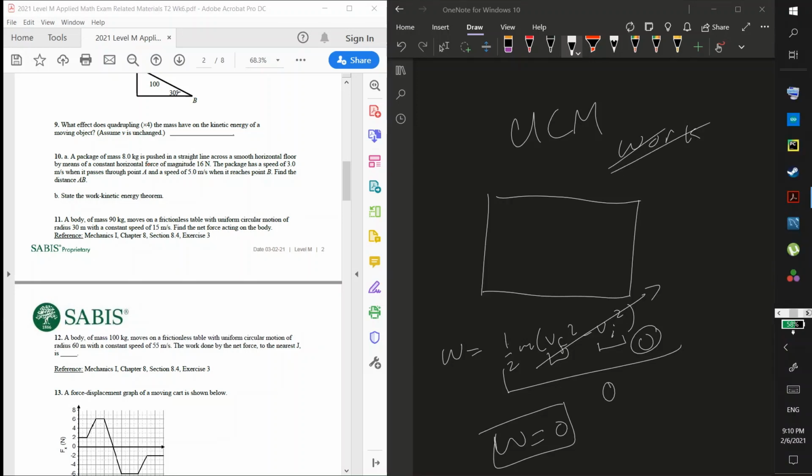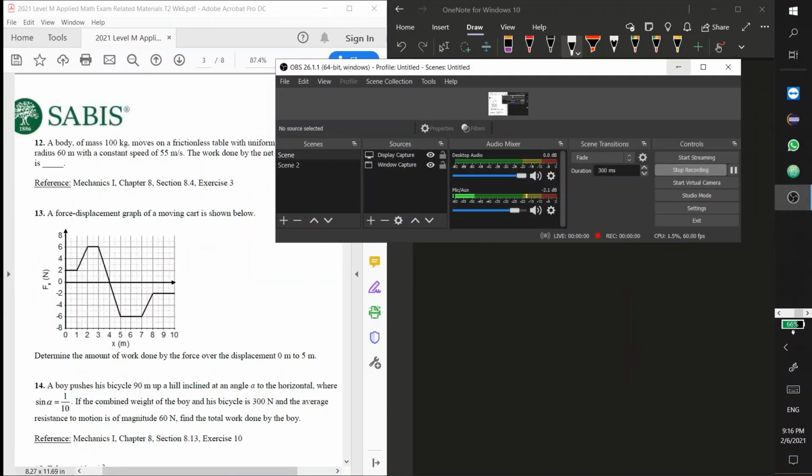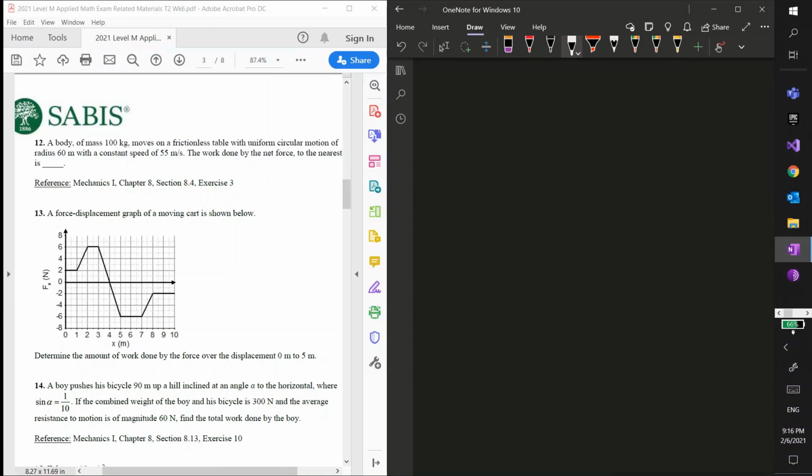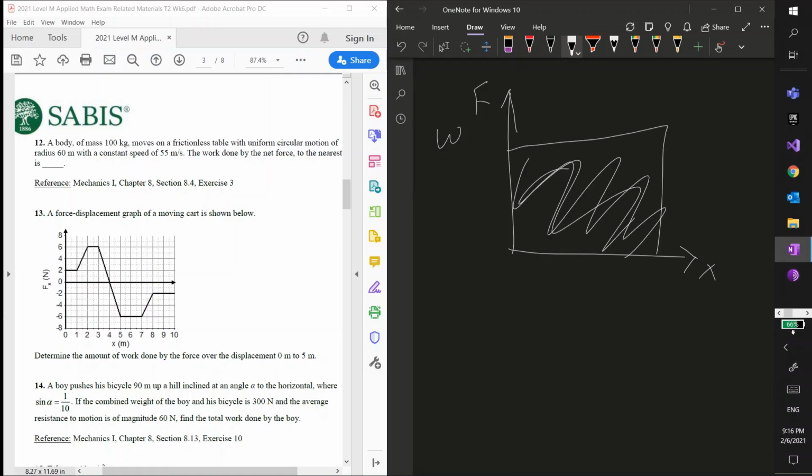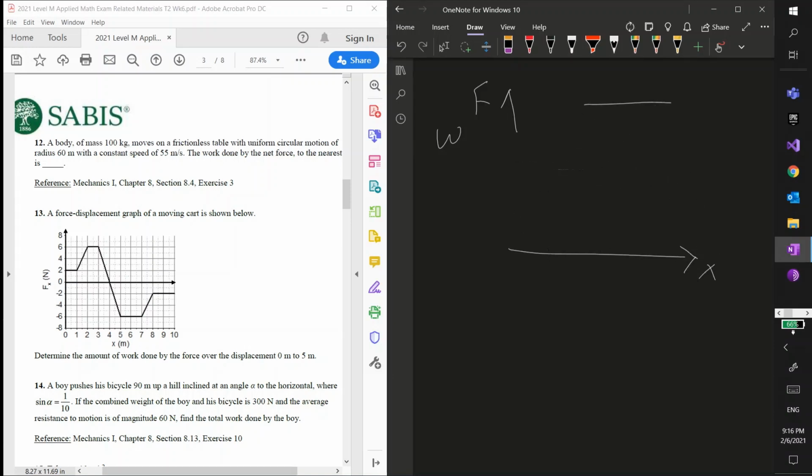Okay, so question 13, a force displacement graph is given. Determine the amount of work done between 0 and 5 meters. Now, the relationship between work and the force displacement graph: the work is always the area under the curve. This whole area, the area under your function, whatever it is, this weird shape they gave you. And what is an integral?